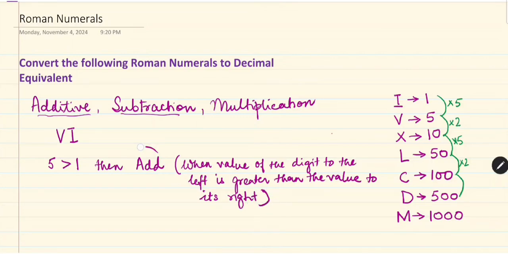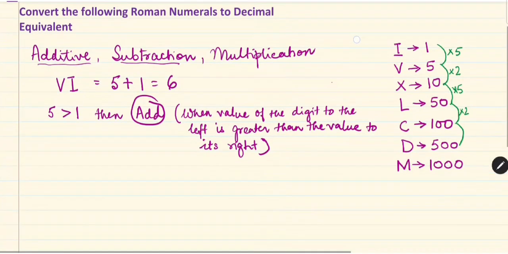Over here, V, which is on the left, is greater than I, which is to its right. We will add. So V is 5, I is 1, so 5 plus 1 equals 6. So VI has a value of 6.